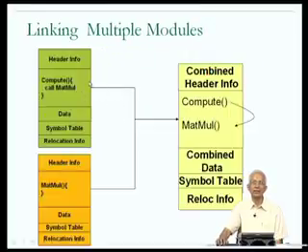So what LD does is it takes the different object files which have to be merged into one and combines their headers into one header. It combines their code into one code. If you examine the upper block, that is the object file corresponding to my hello.o, generated from my hello.c program, and it contains a call to a function called matmul.